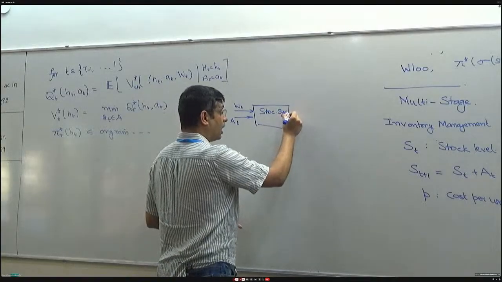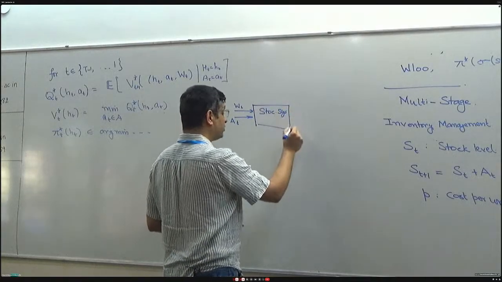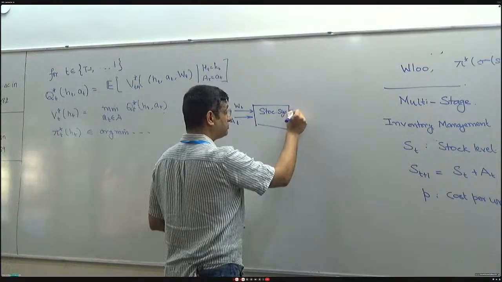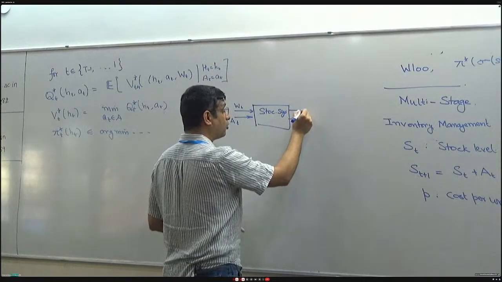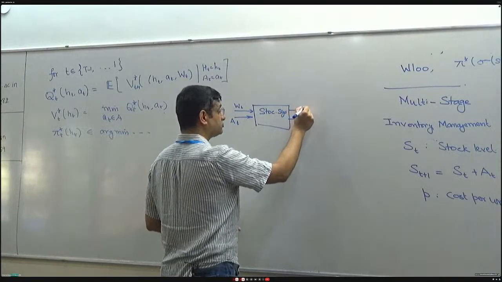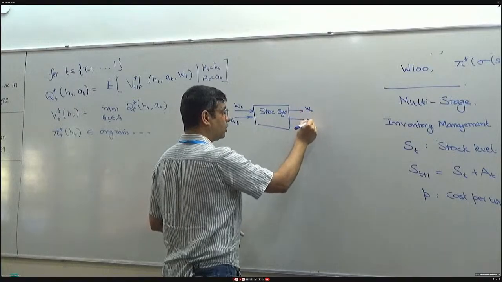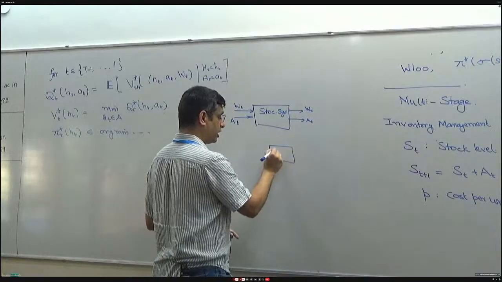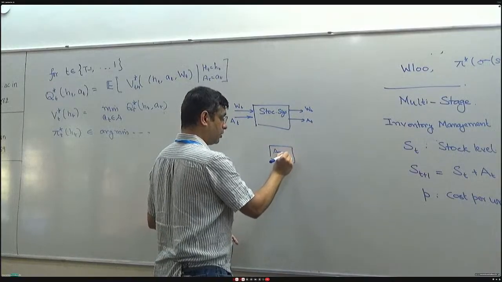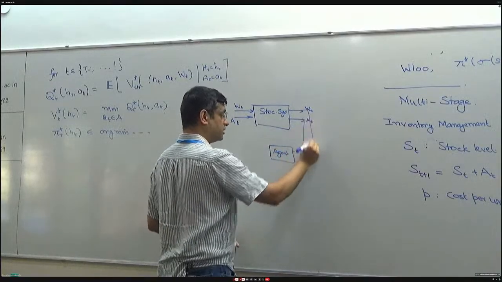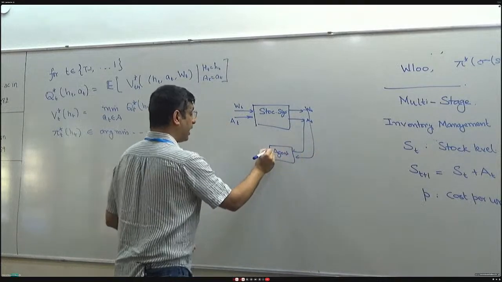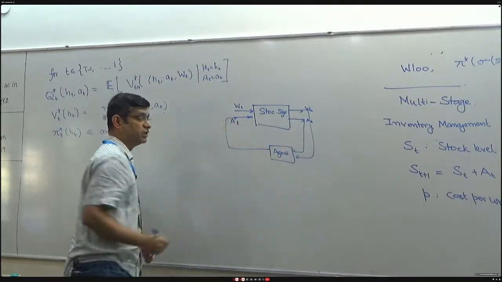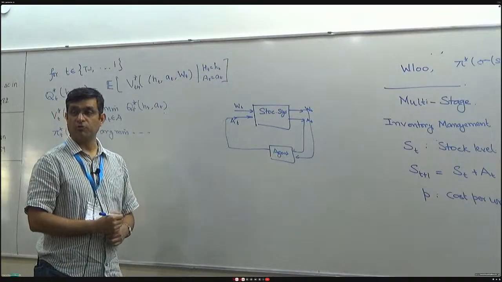And I have a decision maker, and the output of this is you get to observe WT and AT. I have a decision maker or an agent which observes these things. There is a delay here somewhere, and then it chooses the controlled input of my system.